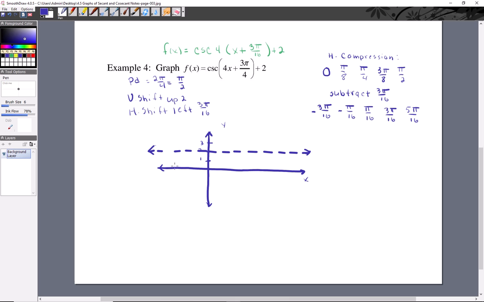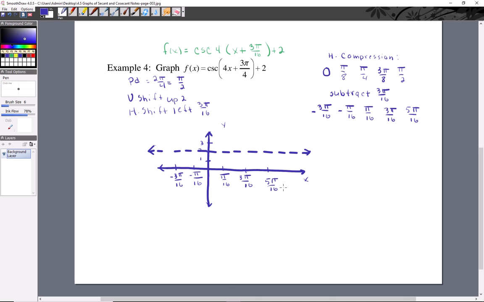So let's go to negative 3 pi over 16, and then here will be negative pi over 16, and this will be positive pi over 16. And then the next one here was 3 pi over 16.